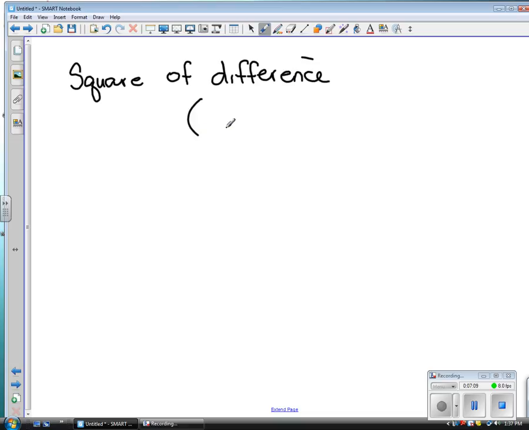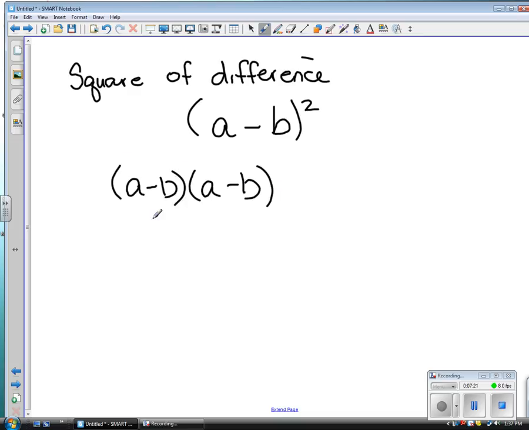So that means we've got a minus b squared. So let's look at it as we multiply it out. A times a is a squared.